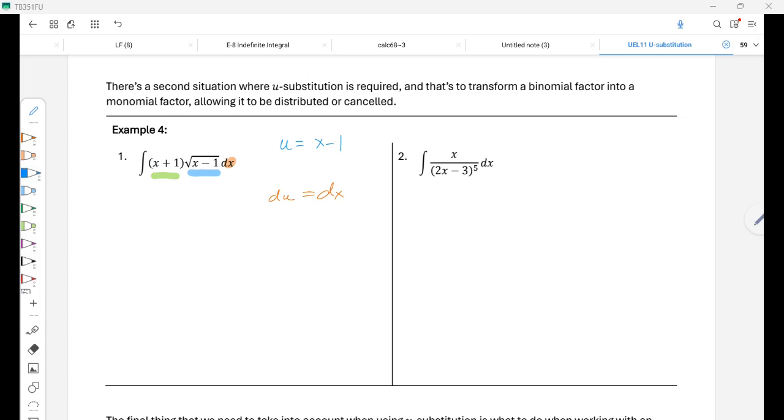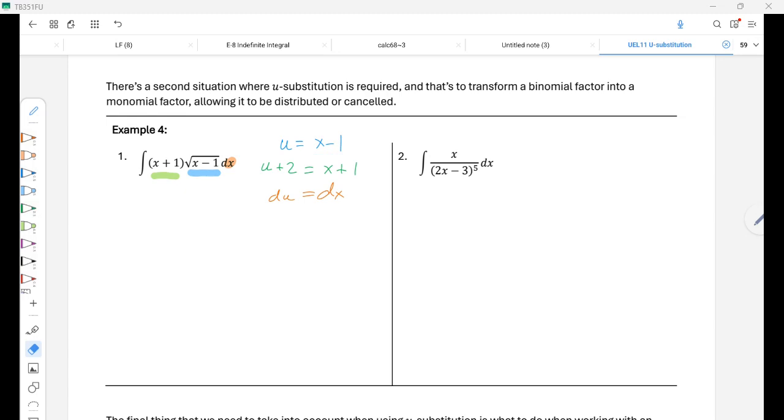So what do I have to do to x minus 1 to make it x plus 1? Add 2. Add 2 to both sides. So I have this third piece, u plus 2 equals x plus 1.